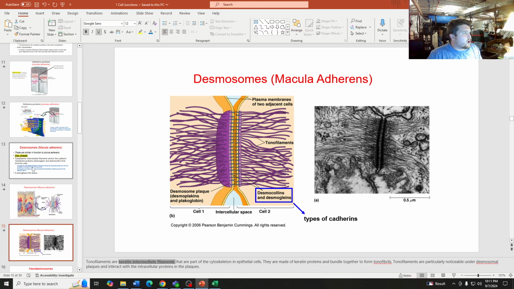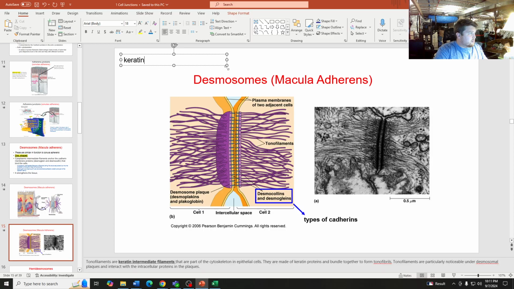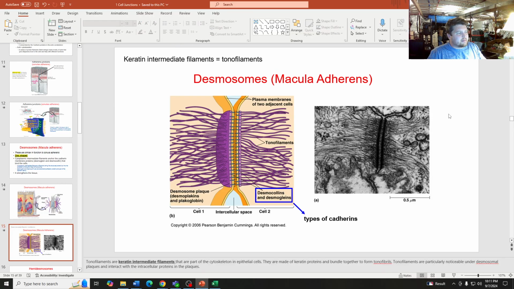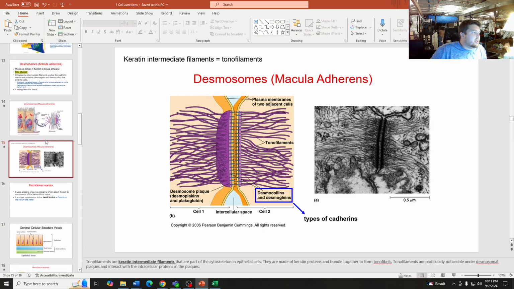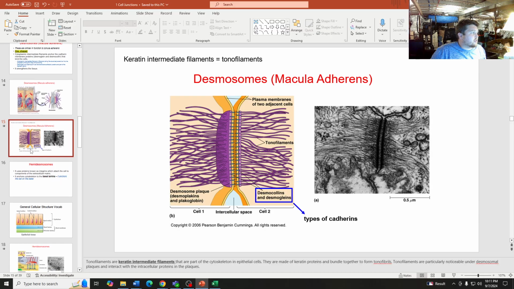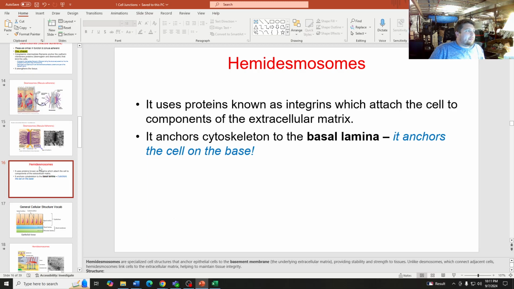I don't recall that they ever mentioned they were keratin when I took this course, but it doesn't mean that it wasn't there. So in case it is there, you know that the tonofilaments are made up of keratin, which is a very common thing that we get actually from our skin. That is our desmosomes.